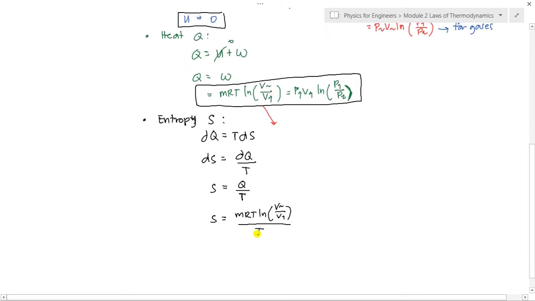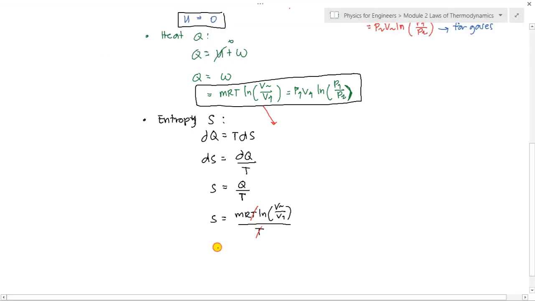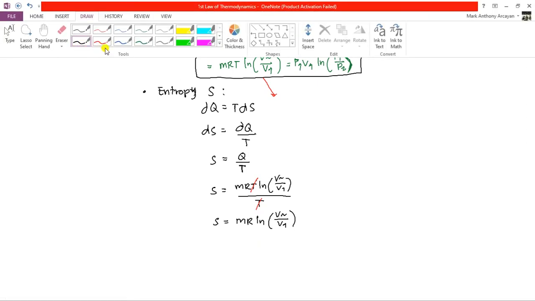Again, everything is constant, and temperature is common, so it cancels. Therefore, our entropy is S equals mR ln V2 over V1. Okay? So that is our expression for entropy.